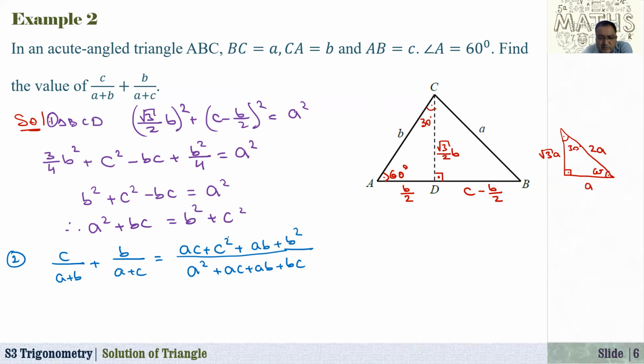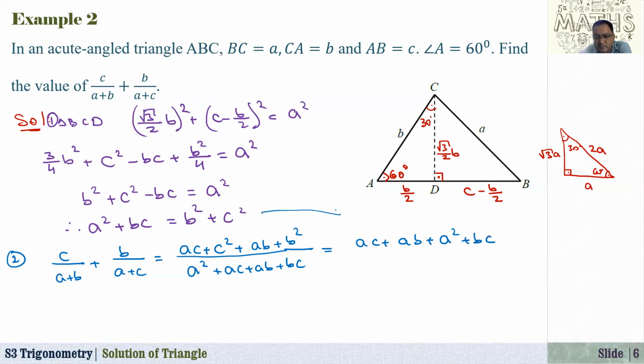So now, instead of this B squared plus C squared, right, I can just write, here we have AC plus AB, and instead of this, what is it? B squared plus C squared is equal to A squared plus BC.